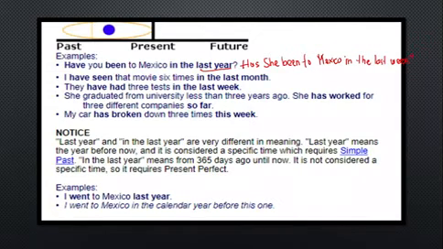Has she been to Mexico in the last week? Okay. I have seen that movie 6 times. I have seen that movie 6 times in the last month. Okay.